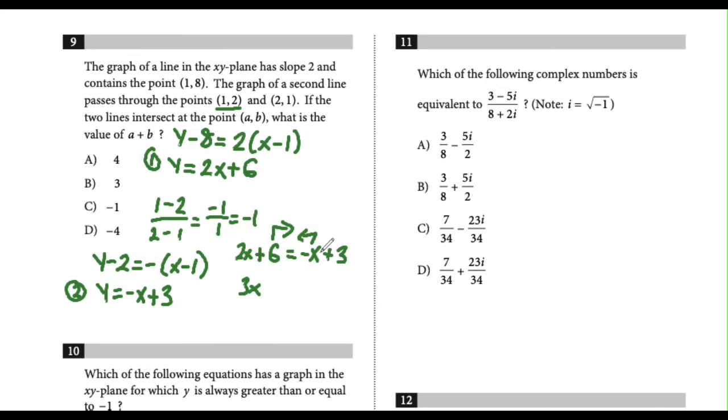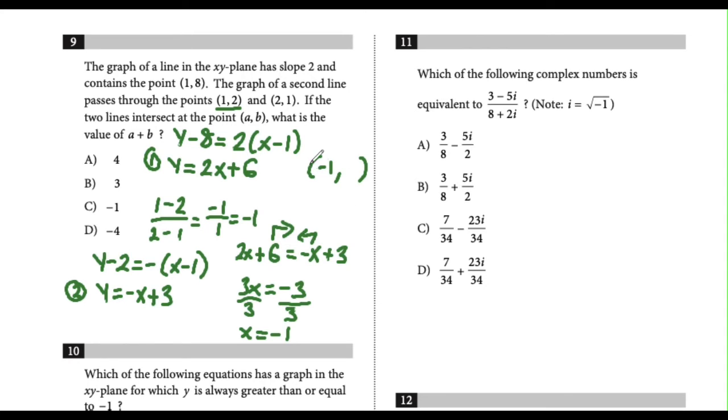And if we move the 6 over as negative 6, 3 minus 6 is going to be negative 3. So we're going to get that 3x equals negative 3. And in order to get x by itself, we divide each side by 3. And we're going to get that x equals negative 1. So the x value of our intersection is going to be negative 1.